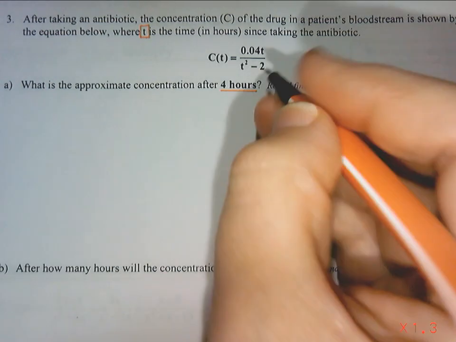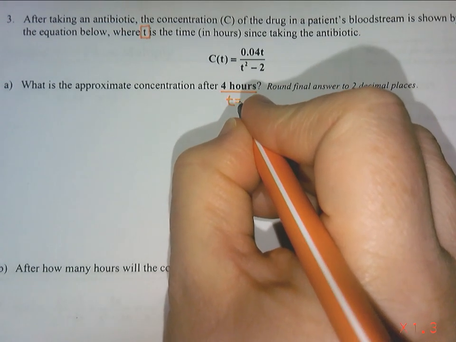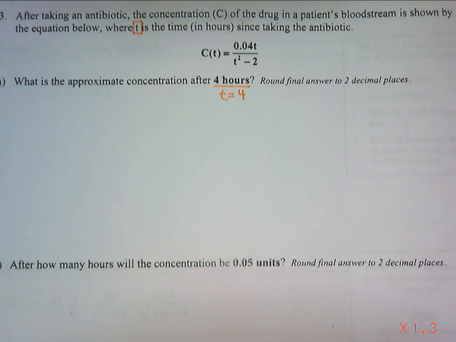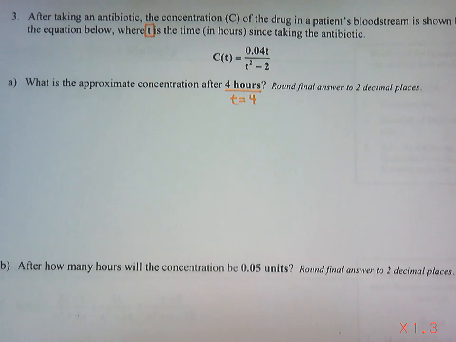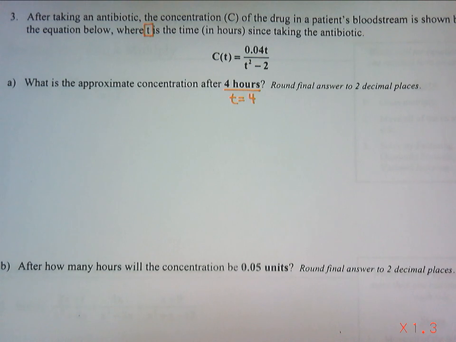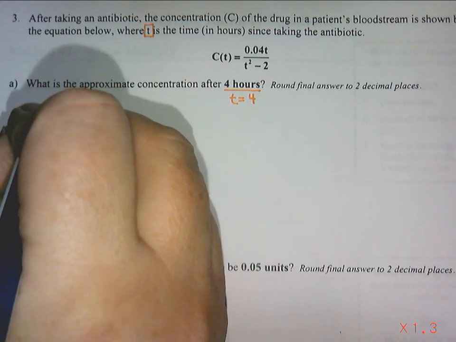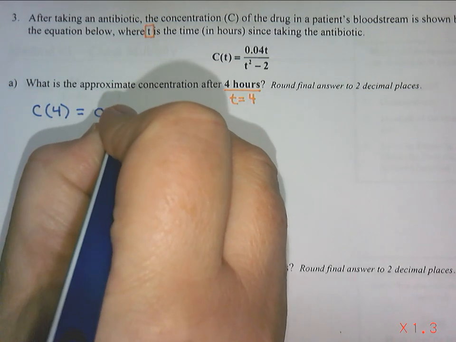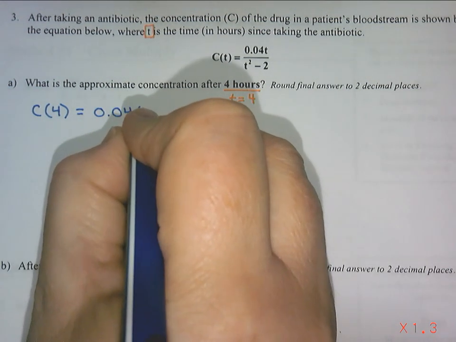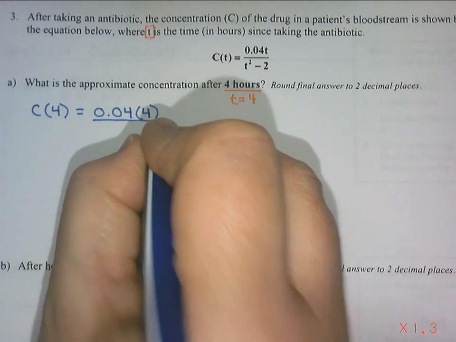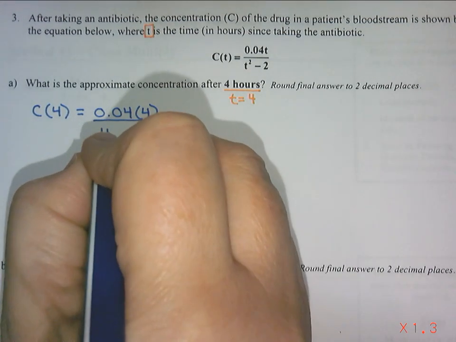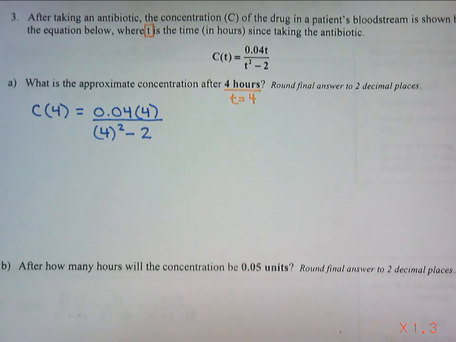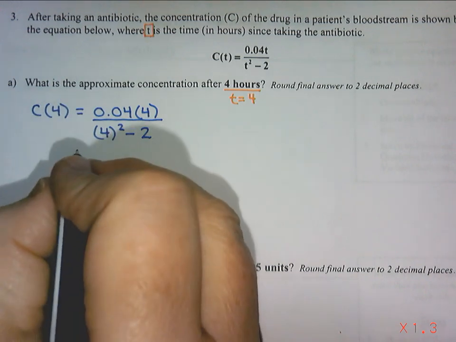So this is just what we're going to sub in for T. So I'm going to take my equation and we are going to put a 4 everywhere we see the letter T. So I'm going to have C at 4 equals 0.04 T, so we're putting in another 4, divided by T, so 4 squared minus 2. All right, this is just a straightforward calculation question.